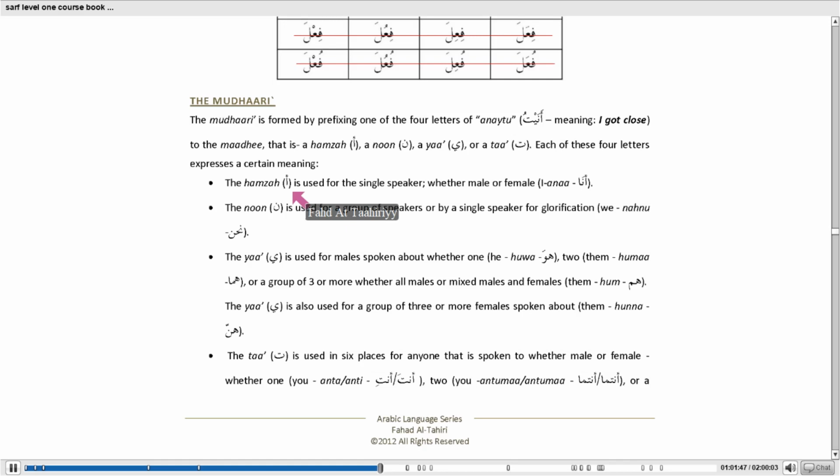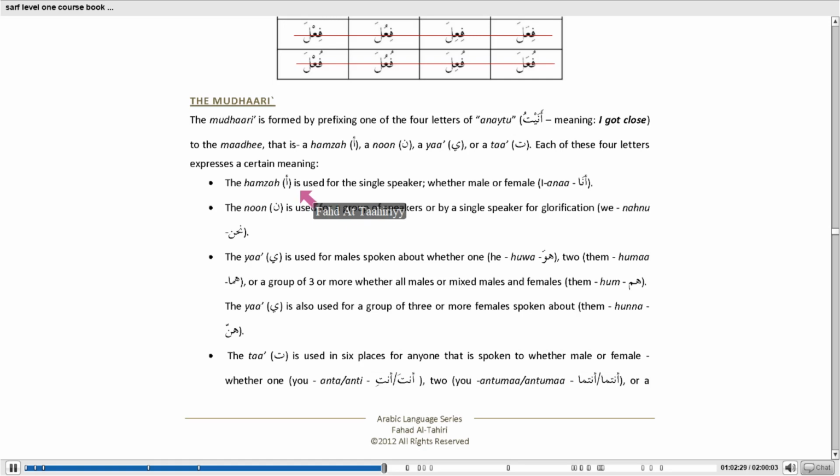From daraba, I changed it to adribu: we added the hamza in the beginning. I could say nadribu. Here I added the noon. I could say yadribu. Here I added the ya. I could say tadribu. Here I added the ta.